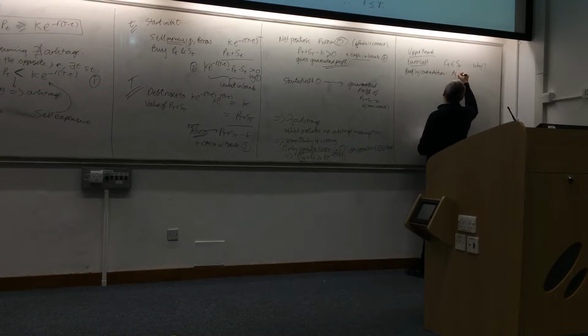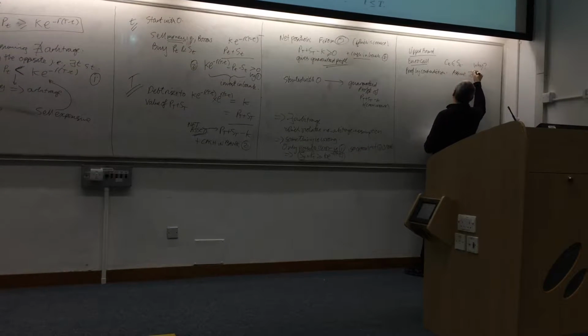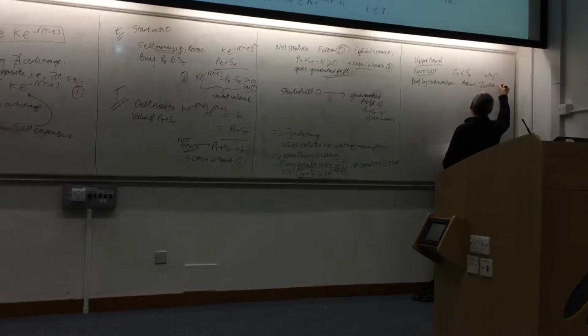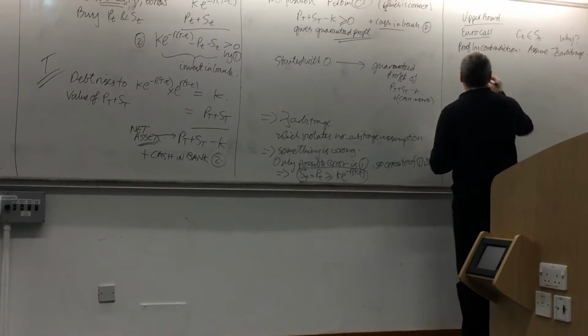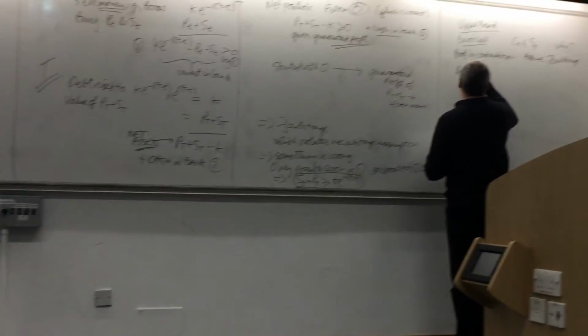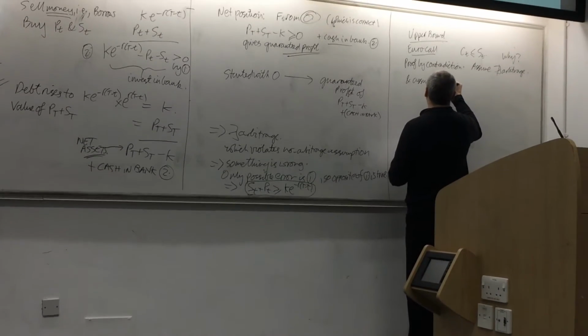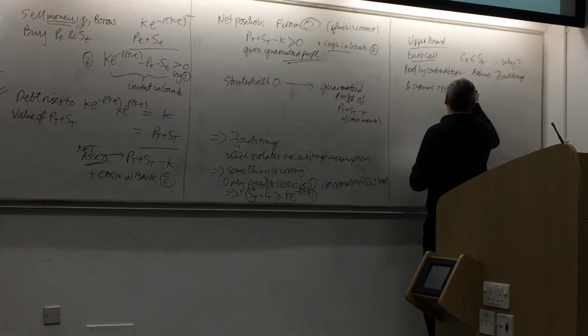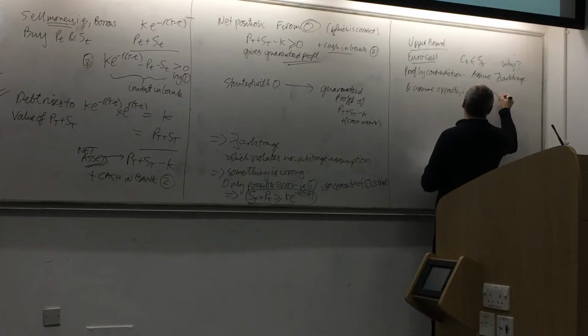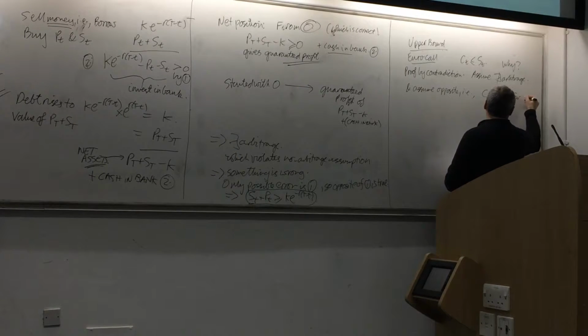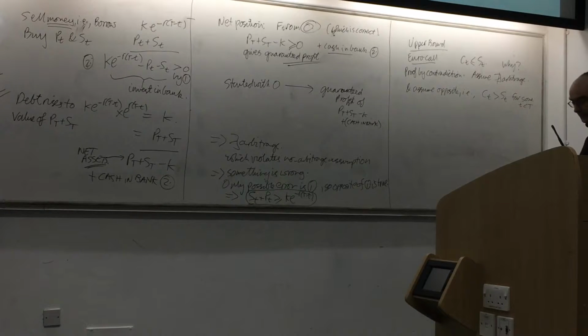So assume there does not exist arbitrage. Okay. And assume the opposite, i.e. C_t is greater than S_t for some t less than T. Okay?